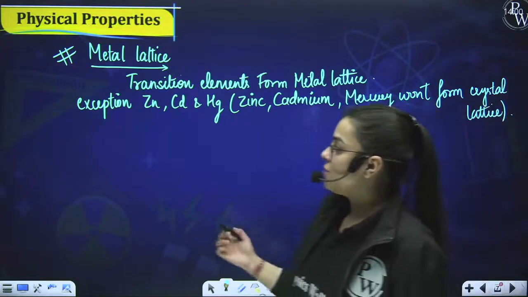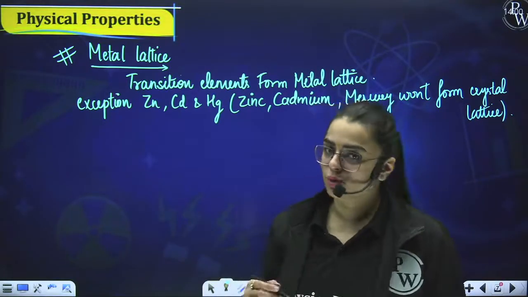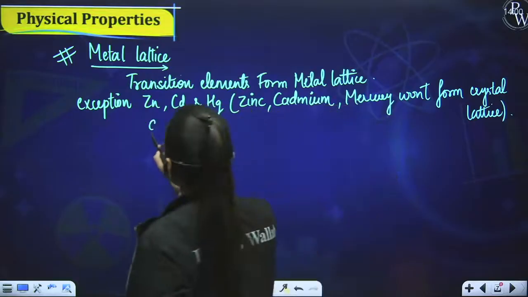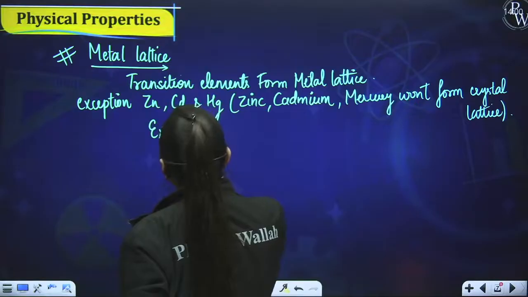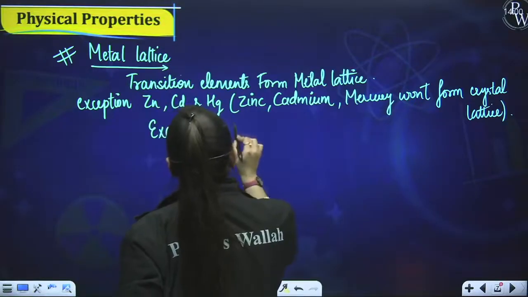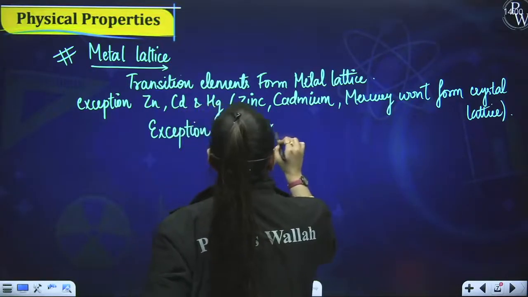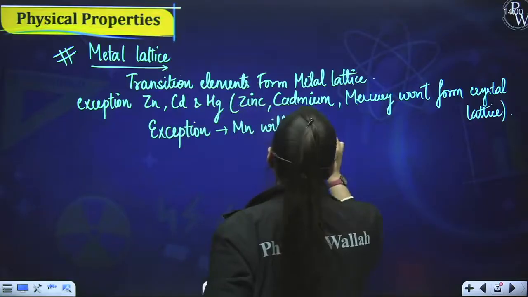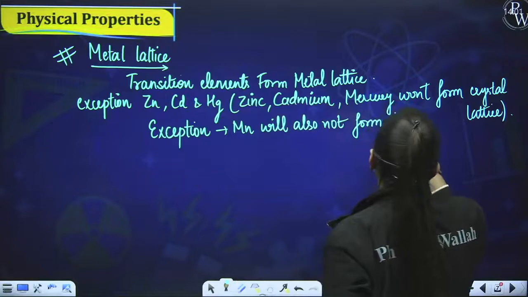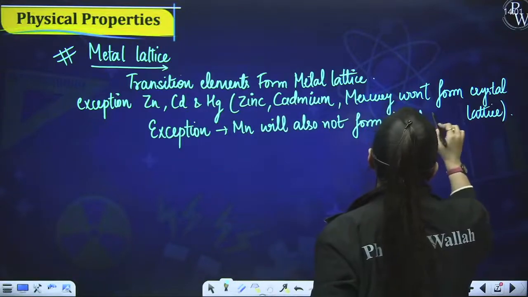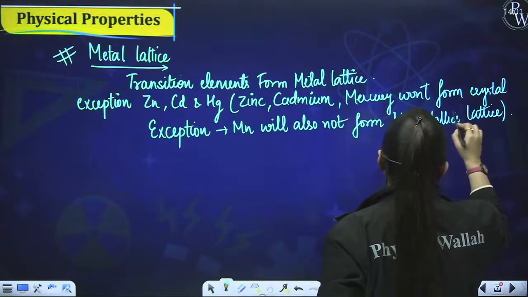Now students, what kind of structures are generally observed? This you need to know, but there is also one more exception which will not form any kind of metal lattice. There is one more exception, that is manganese, Mn. It will also not form metal lattice.